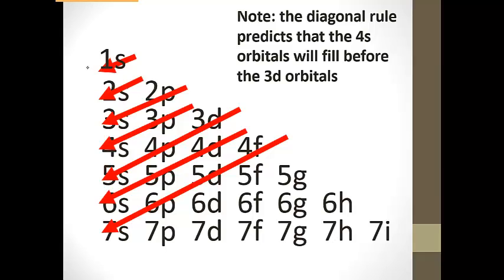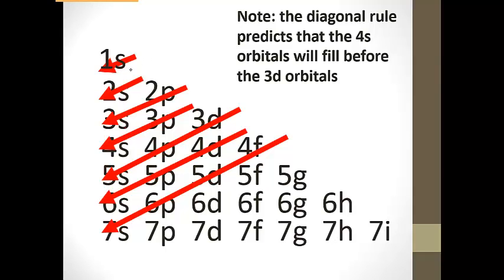In the first energy level, we only have just the 1s, notice that. Then each of these rows going across, energy level 2 has s and p. Energy level 3 has s, p, and d. So every energy level increases and we add another letter. Now the arrows tell you what order to follow.